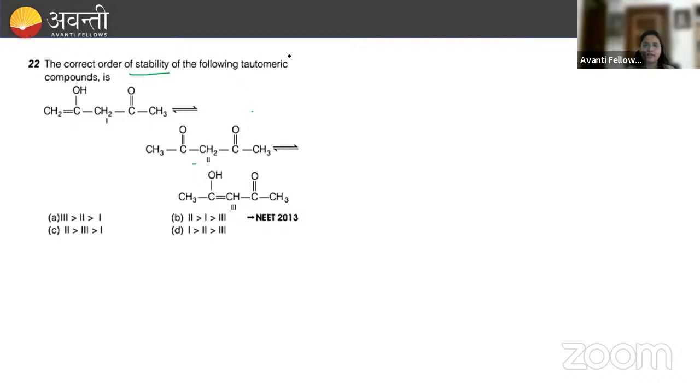Stable. Why it will be stable? Due to the presence of hydrogen bonding. Okay, due to the presence of intermolecular hydrogen bonding. So what do you think? Which will have good intermolecular hydrogen bonding? Yes, this molecule or this molecule.